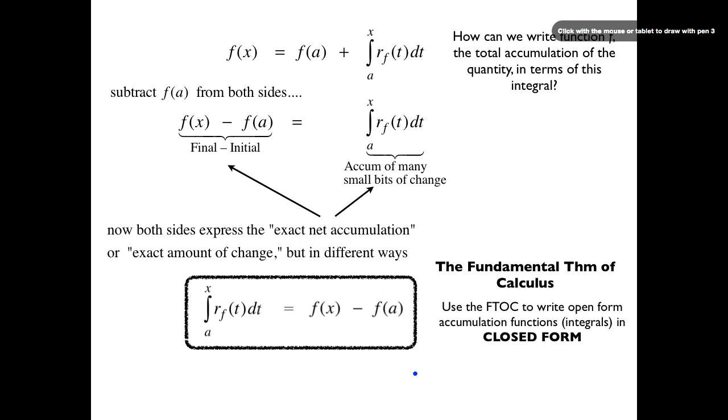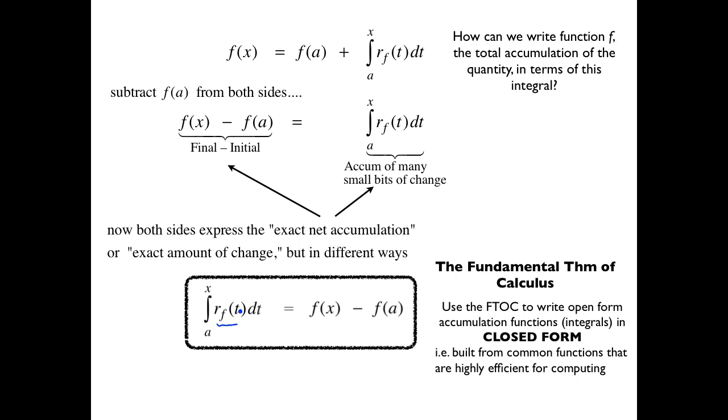So the question is, how are we going to figure out what f is? If we have the open form, then where are we going to get this function f that we're going to evaluate? We're going to write it as f of x minus f of a. Where's that function f going to come from? If we have the rate of change of f, then what is f?